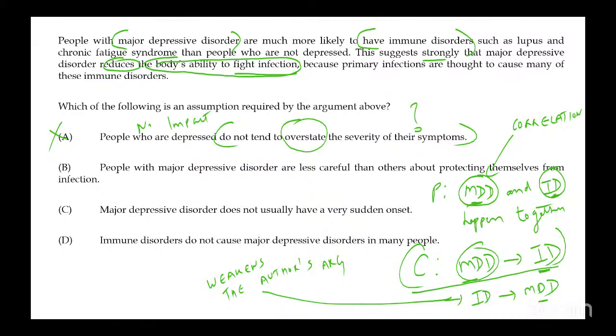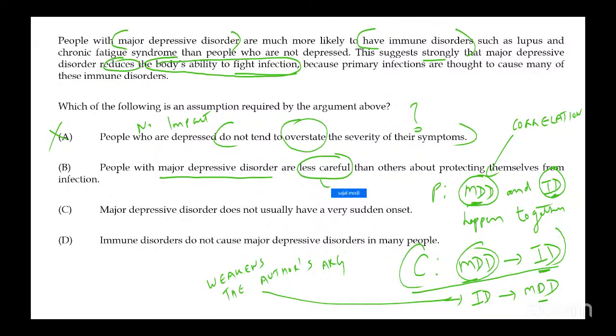B, people with major depressive disorder are less careful than others about protecting themselves from infection. Okay. So look at this. This is interesting. People with major depressive disorder are less careful. So could it be the case that since they are less careful, that's why they have immune disorder?